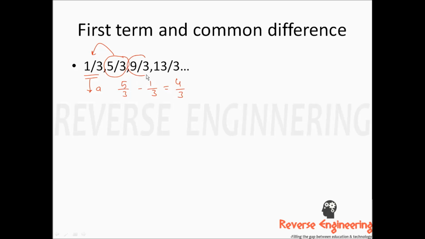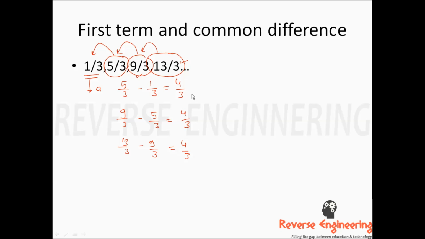Again, I will follow the same rule, 9/3 minus 5/3. If you do the calculation of 9/3 minus 5/3, you will get 4/3. Similarly, 13/3 is the current term and this is the previous term. So 13/3 minus 9/3, the answer will be 4/3.